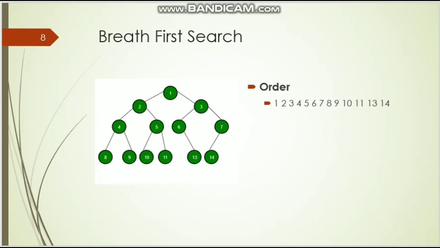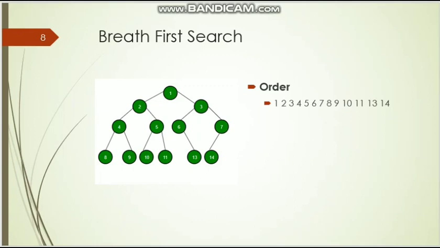The starting node is node 1, from where we have to follow the search technique. From node 1, 2 nodes are adjacent. The first is 2 and the second node is 3.